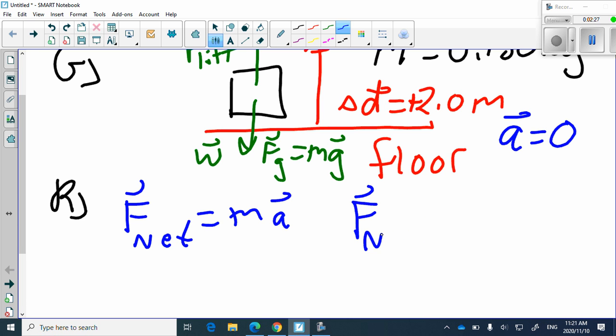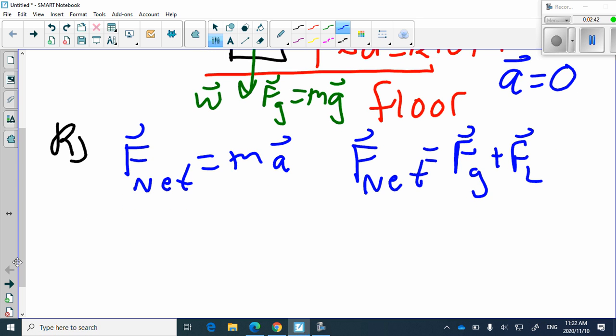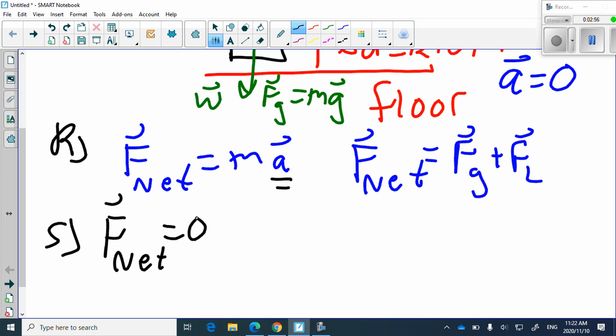F net is equal to force of gravity plus force, I'm just going to call it L for lift. But what we're told is that the acceleration is 0. I can plug a number in there. If the acceleration is 0, that means net force is 0. Has to be.